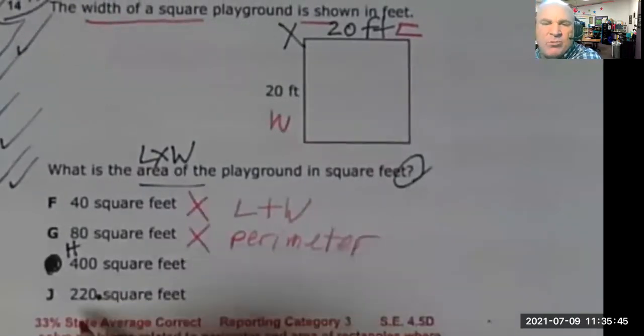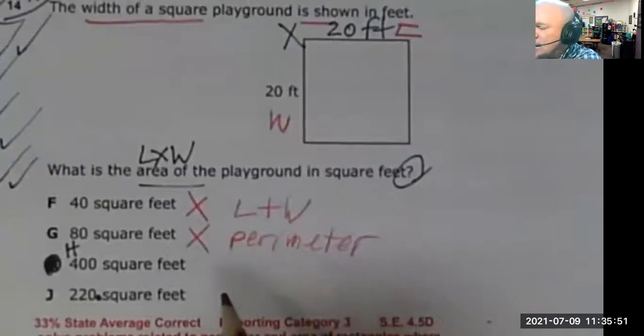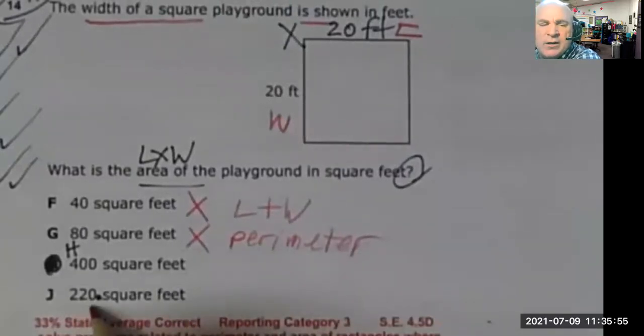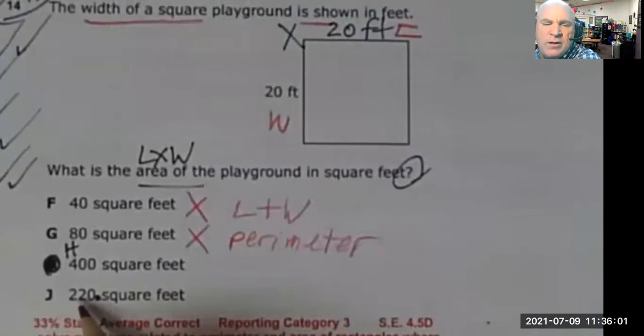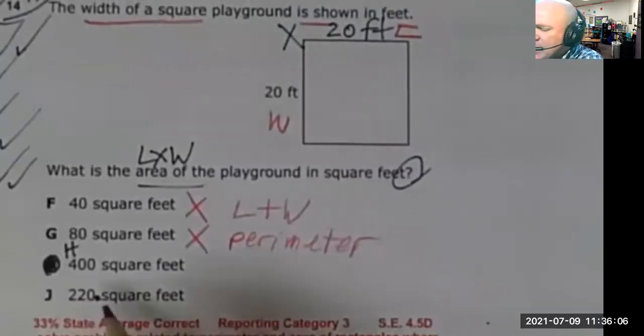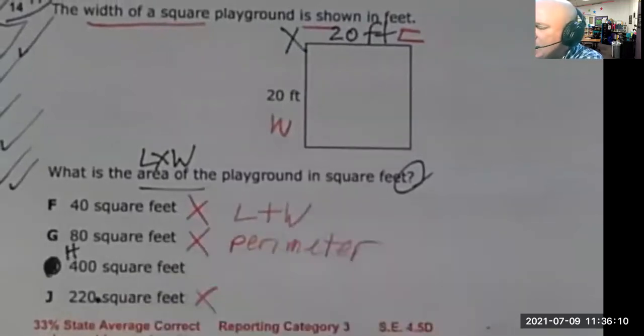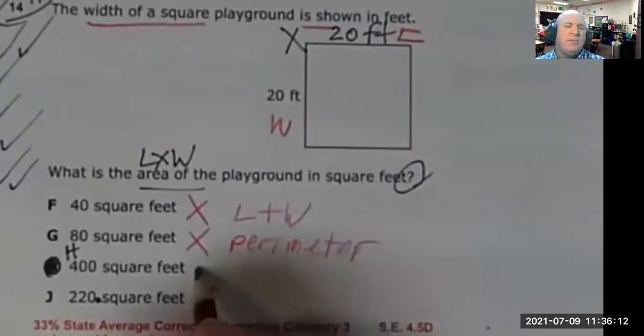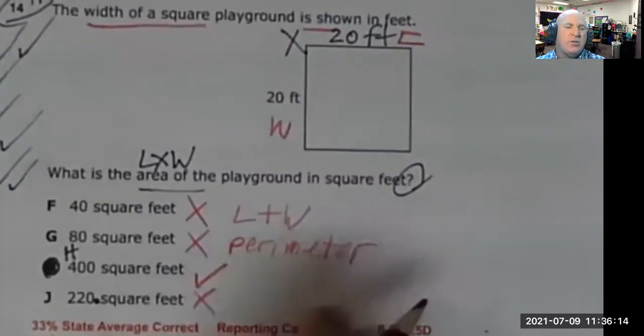And I was racking my brain trying to figure out how in the world would a student get 220. 220 would need a decimal because every time you say and. And so I'm just going to eliminate that because I can't even figure out why in the world somebody would select it. So the correct answer is going to be letter H.